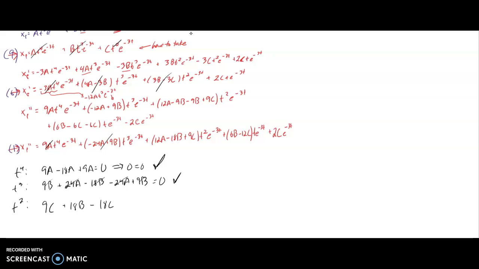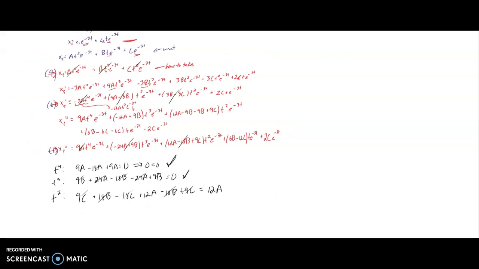And then down here, I'm going to get 1 times this, right? Times this. So I get plus 12a minus 18b plus 9c. Again, 9 minus 18, those cancel. 18 minus 18, those cancel. This just simplifies down to 12a.